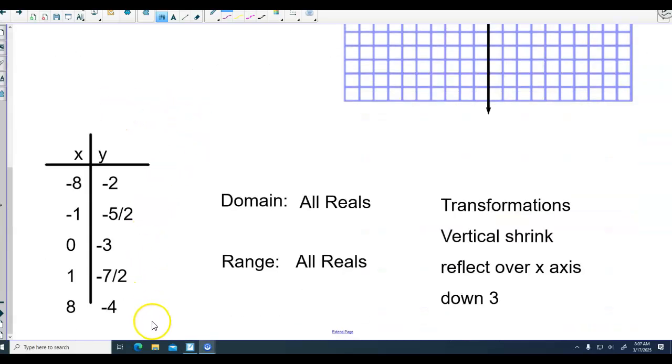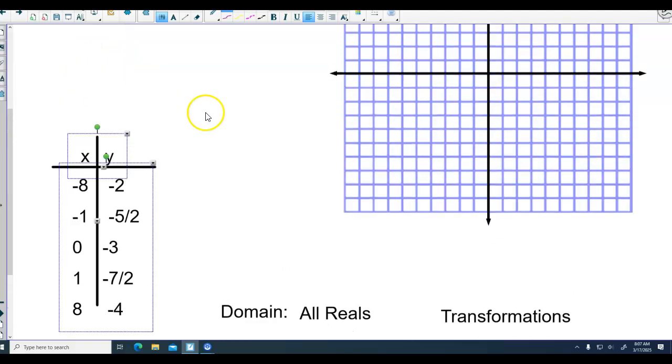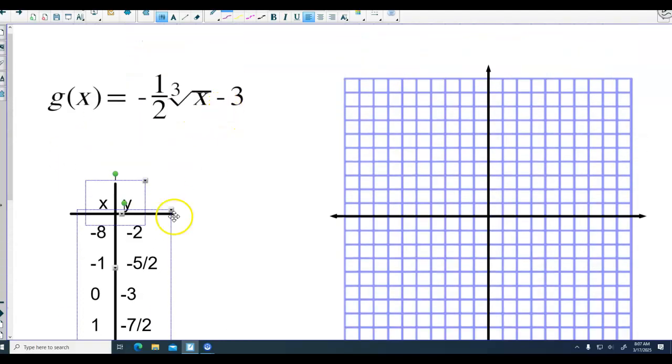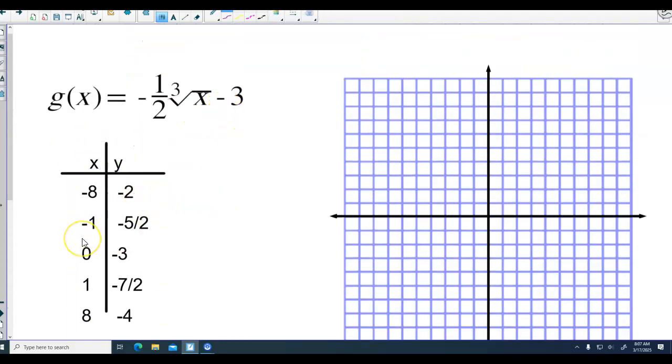So this problem right here, we have an x under the cube root. So I'm going to use perfect cubes. The cube root of negative 8 is negative 2. Negative 2 times negative 1/2 is 1. 1 minus 3 is a negative 2. So negative 8, negative 2. Okay. Put a negative 1 under here. Cube root of negative 1 is negative 1.